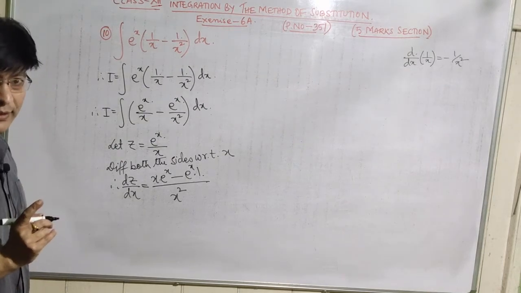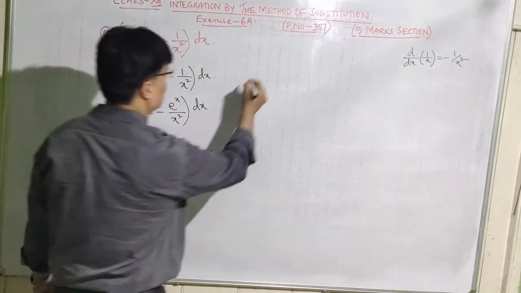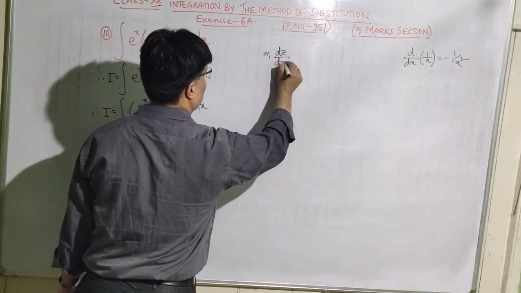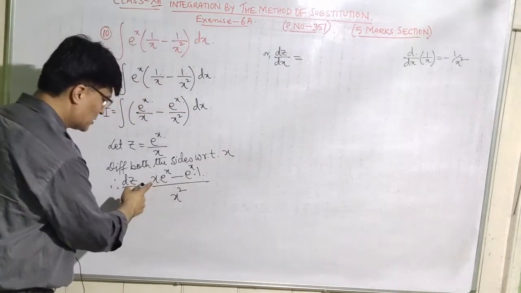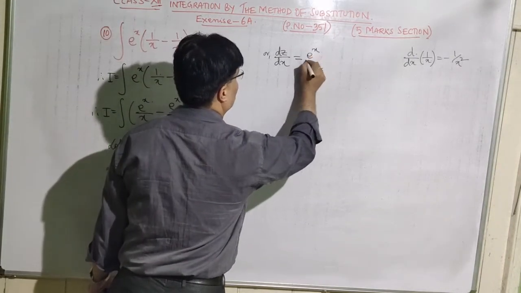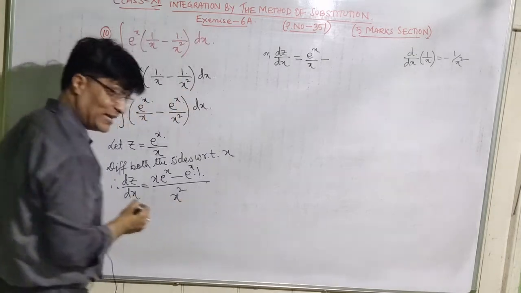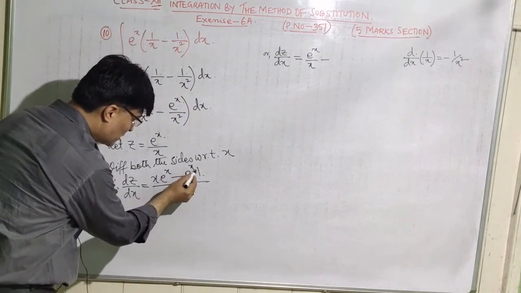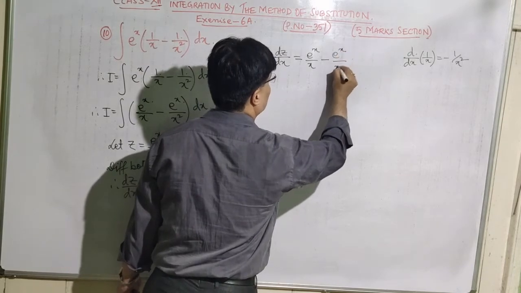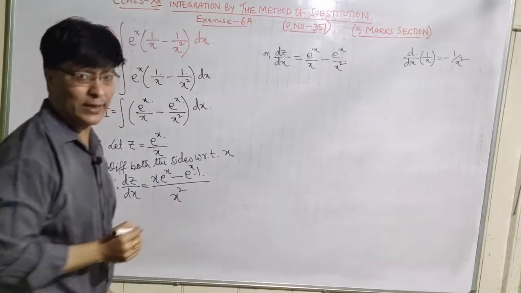So I think you have understood it. Okay, so let us separate the terms. Or dz by dx is equal to, separating the terms, x e to the power x upon x square is e to the power x upon x, minus e to the power x into 1 divided by x square, that is e to the power x upon x square.